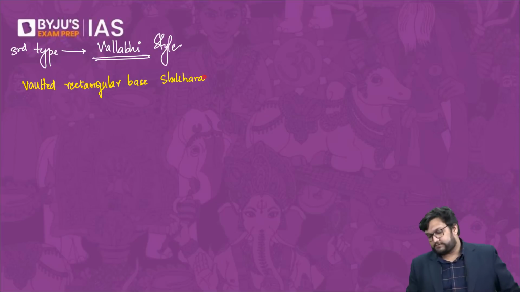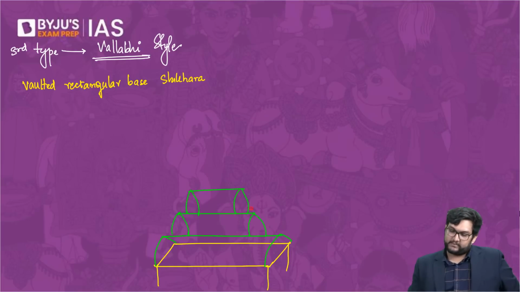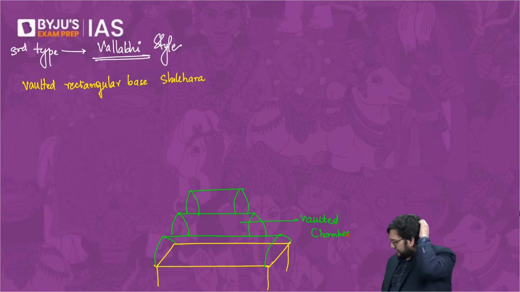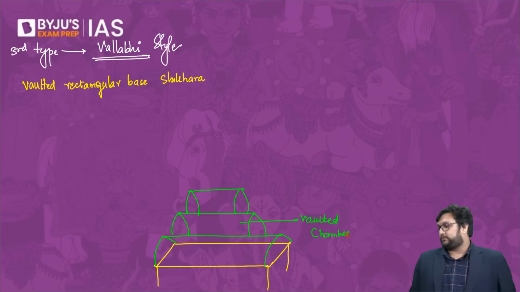Basically, if you have the base as a proper rectangle, when you try to make a roof over this, it will look something like this. This is basically called a vaulted chamber. The base here is the Garbhagriha. Shikhar is only on the Garbhagriha, so obviously.